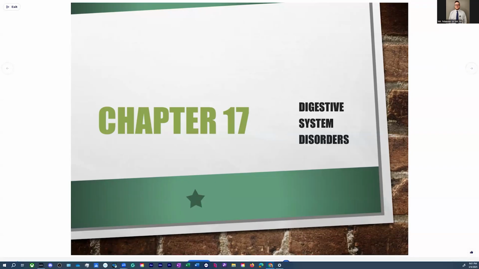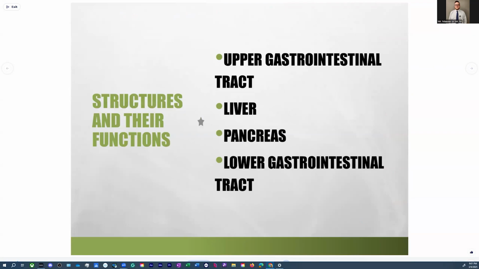So going forward, the digestive system, small A&P review. You have the upper GI tract, the lower GI tract, and then some accessory organs. The accessory organs I'm talking about mainly are the liver and pancreas. The liver has a little brother called the gallbladder. Liver, gallbladder, and pancreas are known as accessory organs.